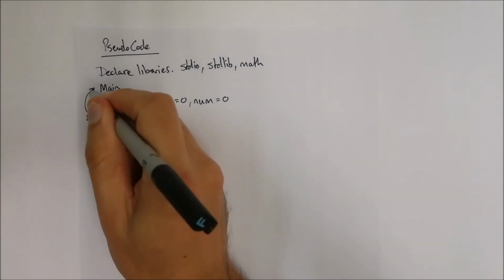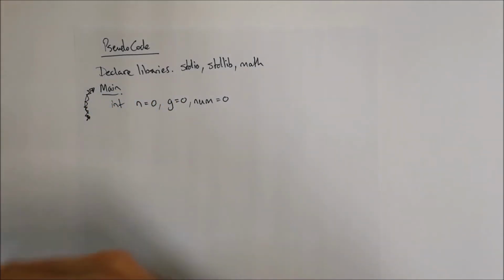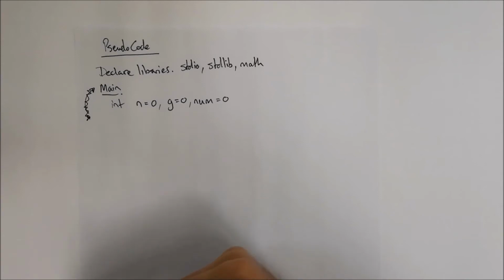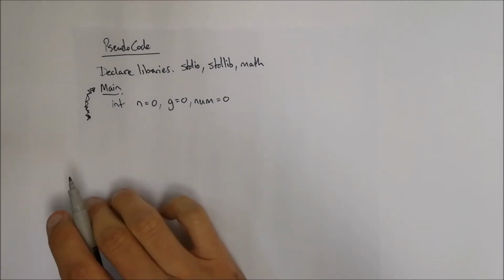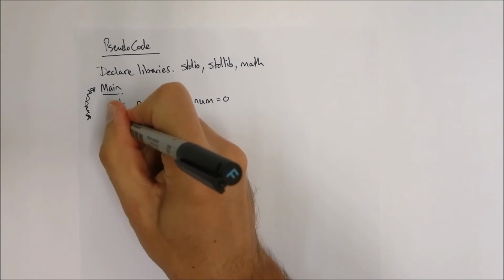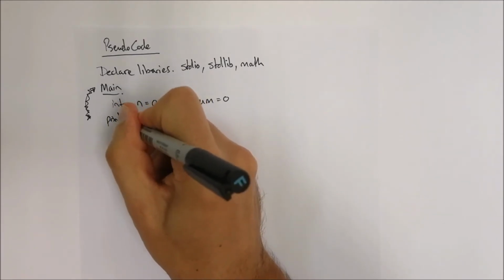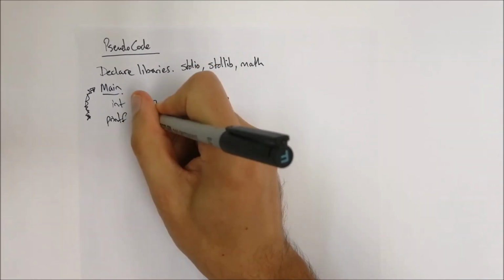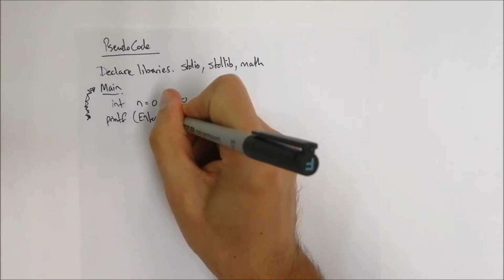You can do those manipulations in your draft and then write it out neatly in your final code. Okay, so we know we need a print statement asking us to enter a number.